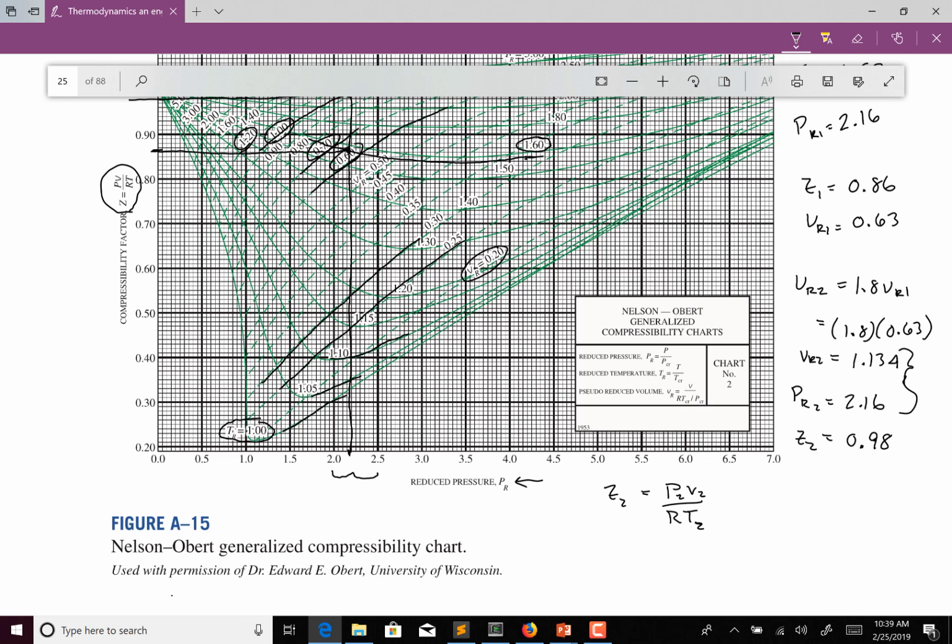This volume right here is the specific volume, but we have the pseudo-reduced volume. So what we need to do is solve the pseudo-reduced volume equation for the specific volume, and then we can plug that straight into this equation.